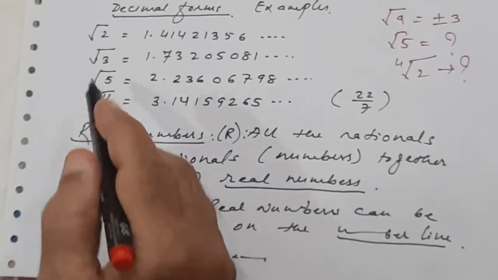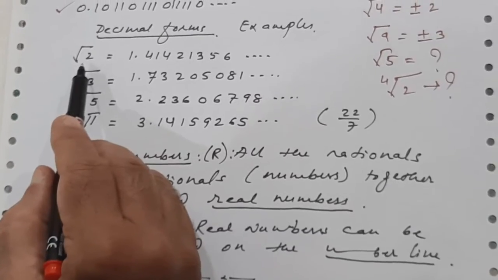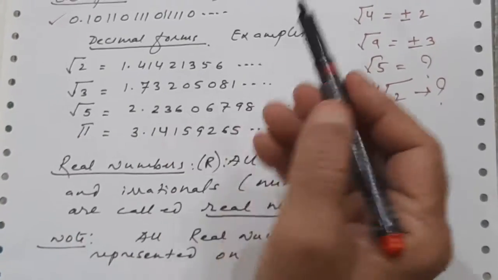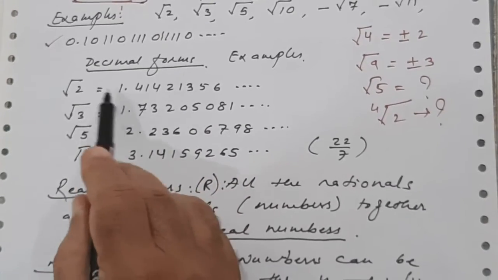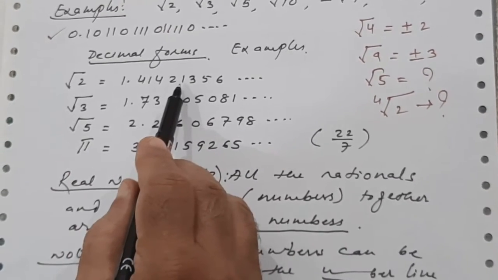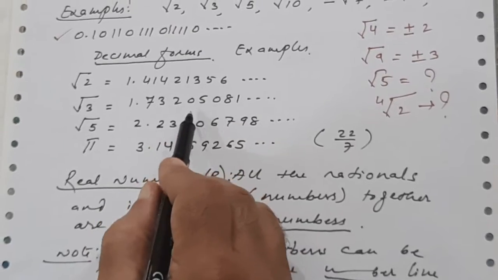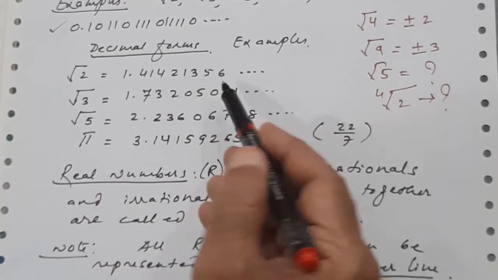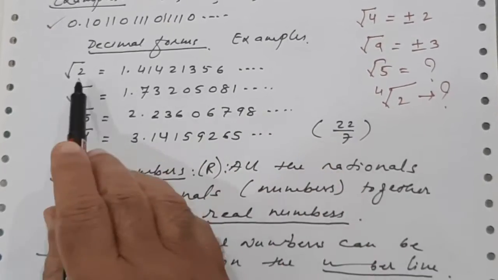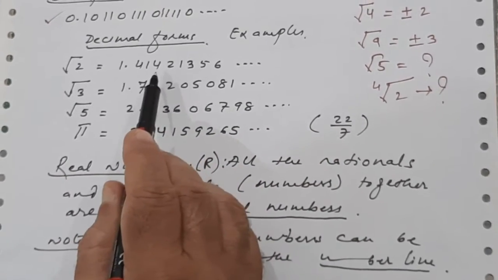Now here I have written some decimal forms. Root 2. In the next lecture, or when we resume the classes, I will explain how to get this decimal form, because it is a very long topic and needs a lot of explanation. We can get the decimal form by division methods.